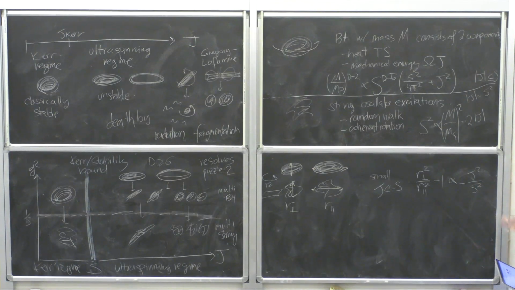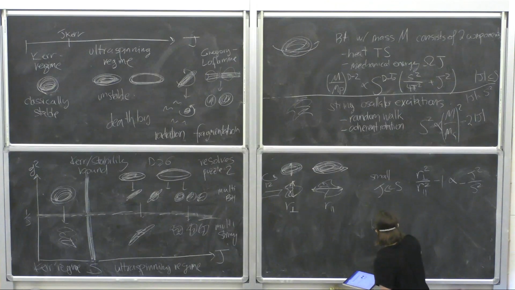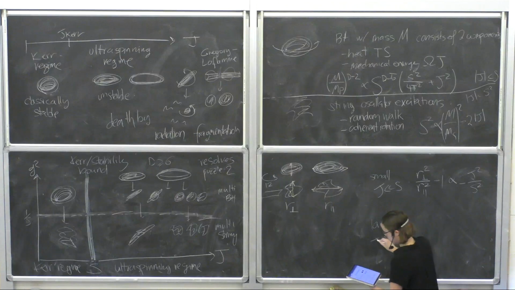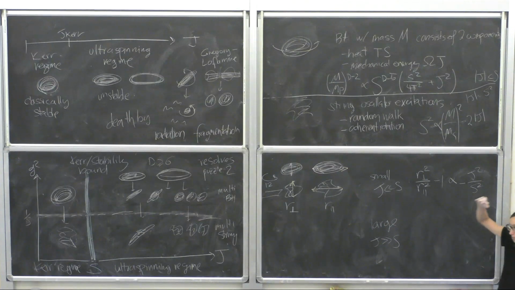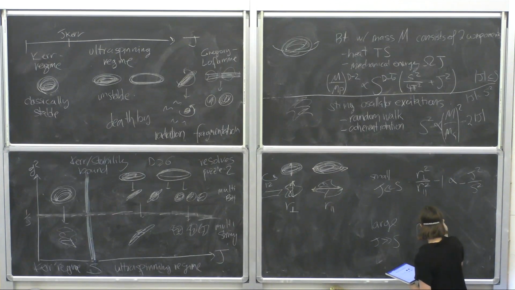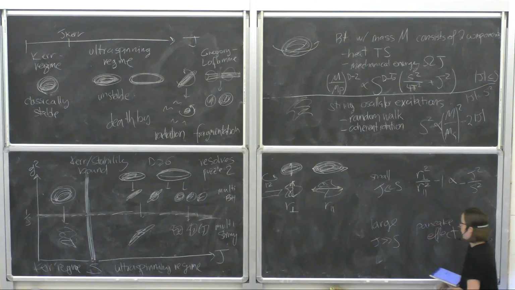So this is what we would expect for black holes. For large spin, which means much, much smaller than the entropy, the black hole will pancake a lot. So there will be a pancake effect. Okay.